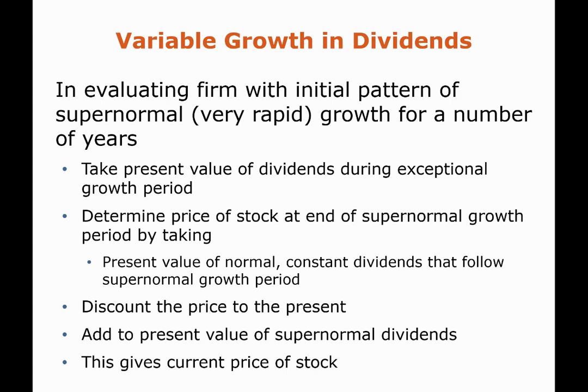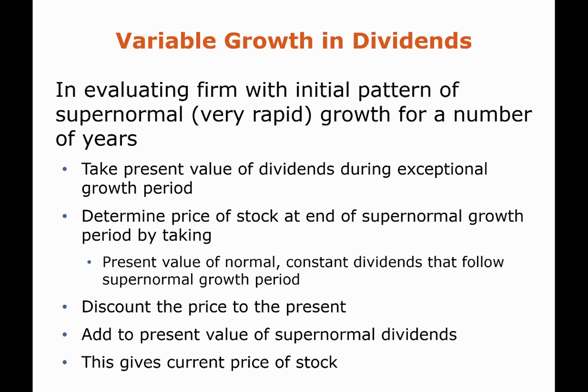So here, for example, just giving you some words on how we go about this. The steps we have to take here is we are going to take the present value of the dividends during the exceptional growth period, and that's where we're experiencing the rapid growth in dividends.